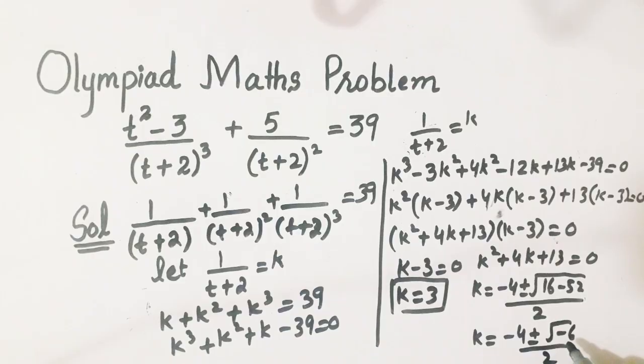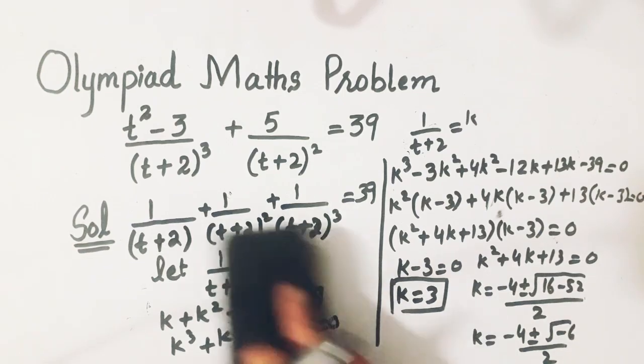So what will be its value? It will be in complex form; iota is also involved in this. We will write this here.